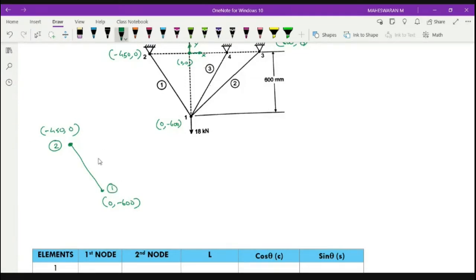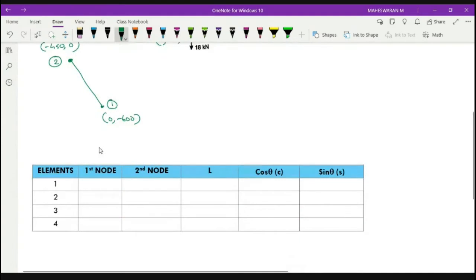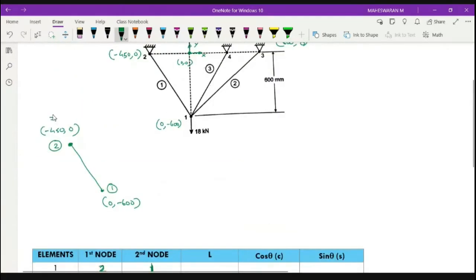But as I told you, always consider the left hand side as the first node and the right hand side as the second node. So in this case, the first node is 2 and the second node is 1. Which means this is x1, y1, and this is x2, y2.